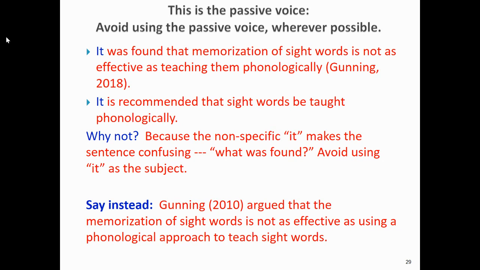What was found? Instead, identify the name of the researcher, and all of a sudden your sentence makes so much sense. So instead of saying "it was found that memorization of sight words," you can say Gunning argued that the memorization of sight words.